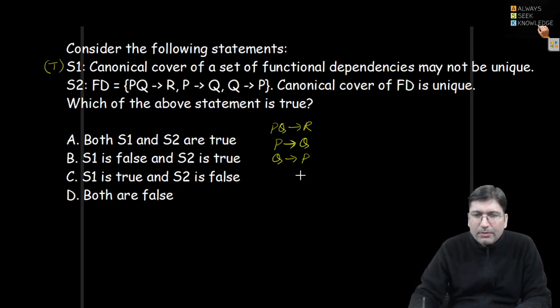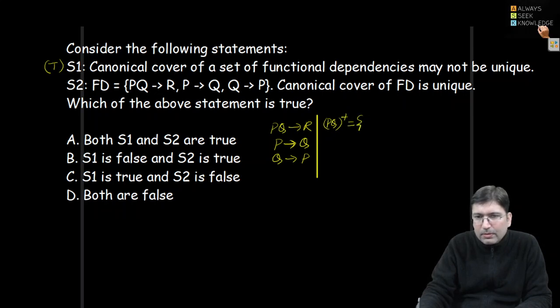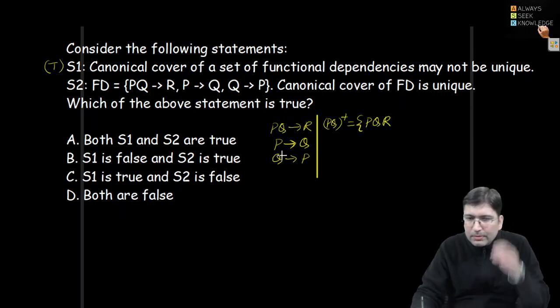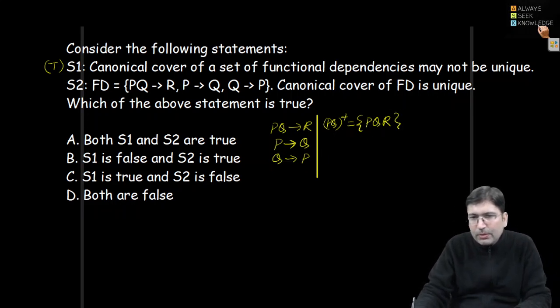Let's say we are trying to find out whether the very first rule is redundant or not. We first check the closure of PQ. We will get PQ and R. PQ can derive R, right? When we are aware of P, we can get Q and so on. So PQR we are able to find out.